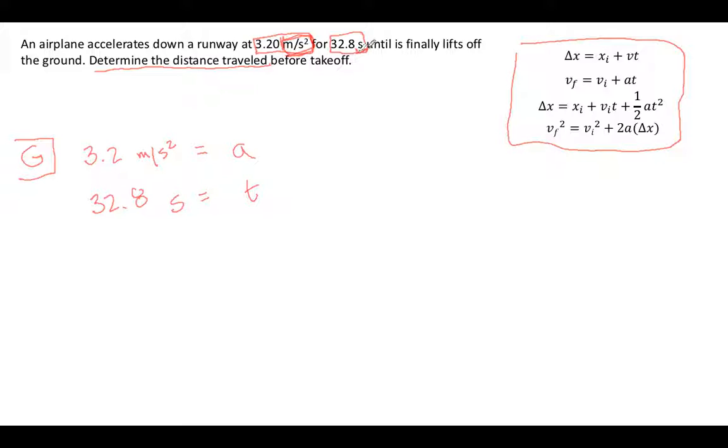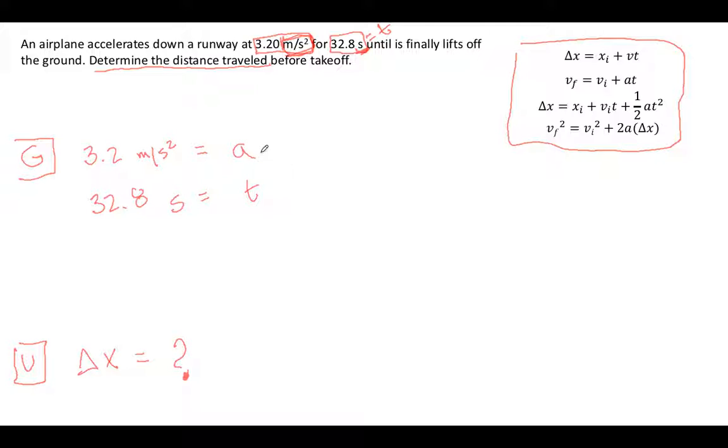So we know if we see seconds, that equals time. Okay, and then it's asking me to determine the distance traveled before takeoff. So if it's asking you to determine the distance traveled, then it's asking you to determine delta x. And that is your unknown.